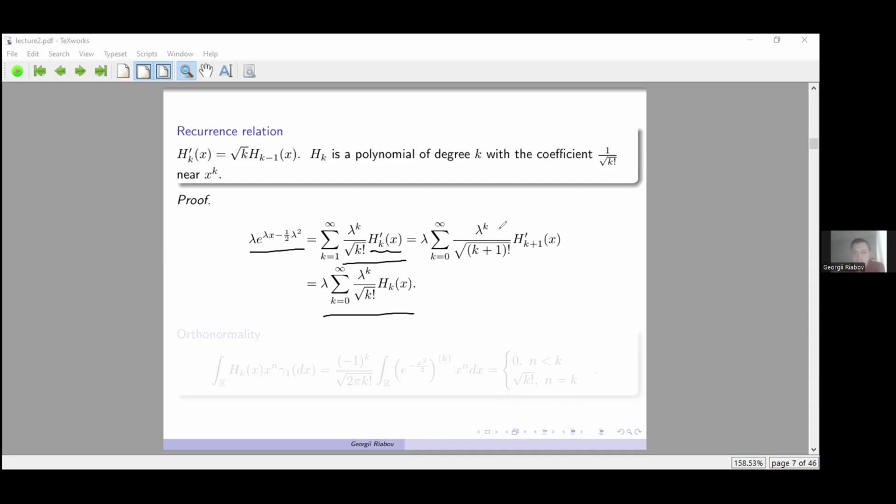Now, if we compare coefficients near lambda to the power k, we get that 1 over root of (k plus 1) factorial times h prime k plus 1 is equal to 1 over root of k factorial times h_k.